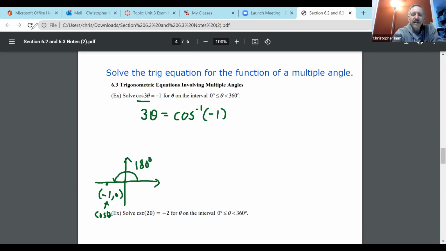So what we know now is that 3 theta is equal to 180 degrees. Here's the new part that we're using. What happens when we have that 3 theta in there? Let's think graphically. What happens when we have that 3 theta in there to the trig function? What does that do graphically?